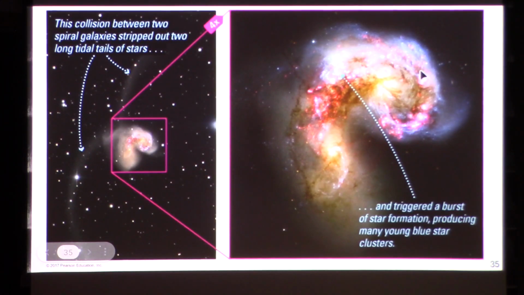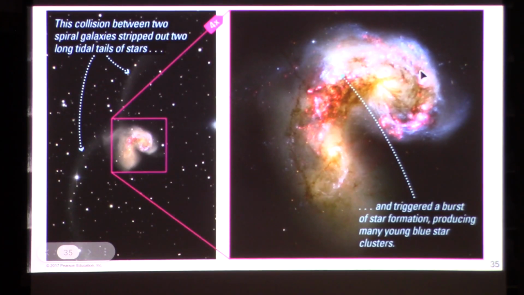Here's some examples. There's a collision between two spiral galaxies that has stripped out two long tidal tails of stars. This is called the Antennae, and notice that it kind of looks like an insect's head with antennae sticking out of it, which is why it's called the Antennae. These are tidal tails because we've got two galaxies near one another.